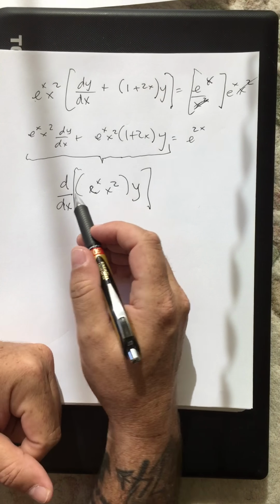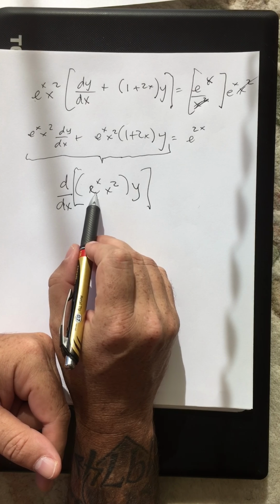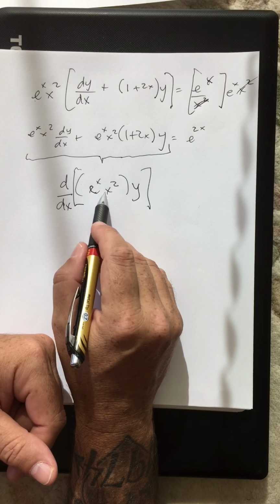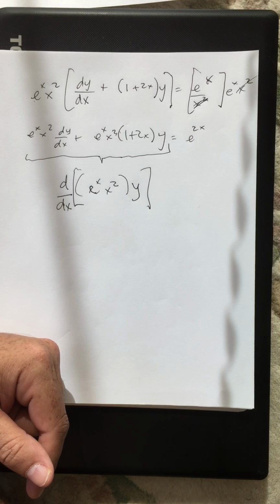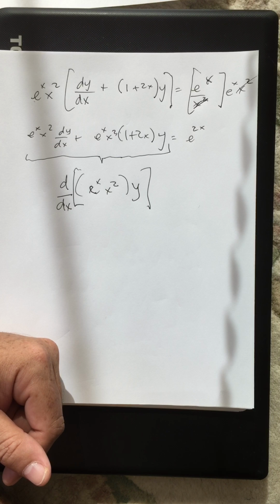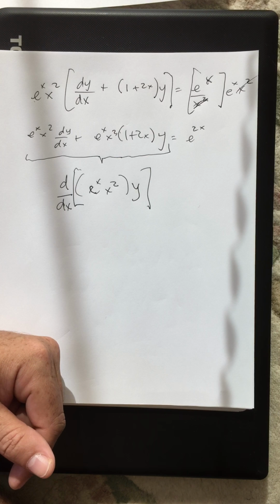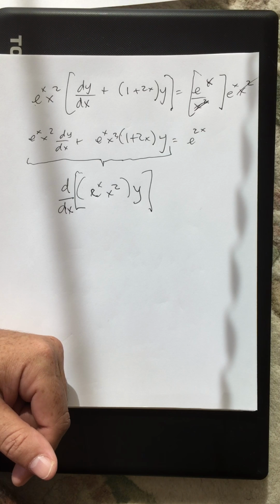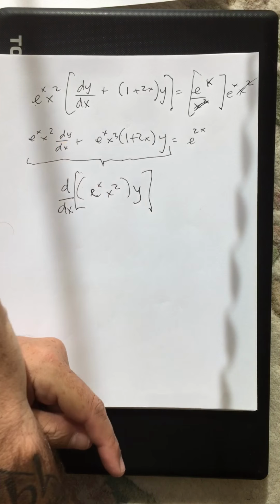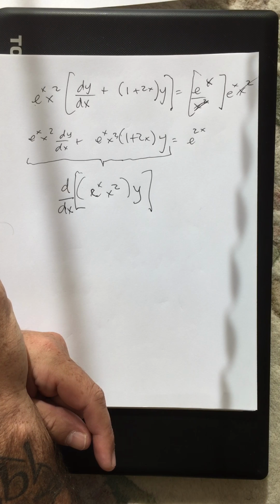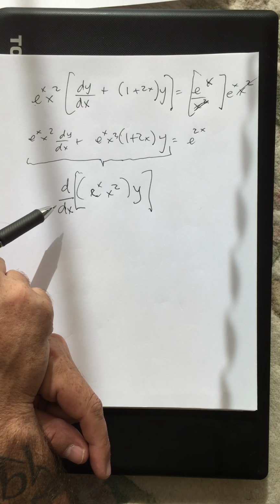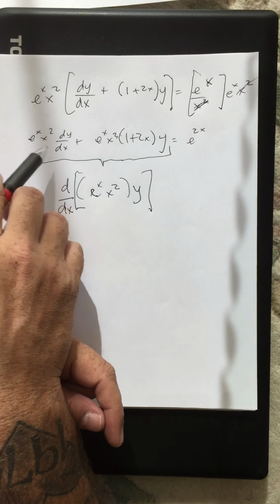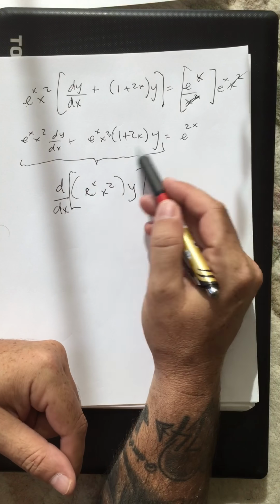If you were to take the derivative of the integrating factor times y, you would get this if you do that out. You just need to keep that in mind. It makes it a lot easier instead of having to do this operation to see that it's correct. So this right here is another way of writing this whole left-hand side here.